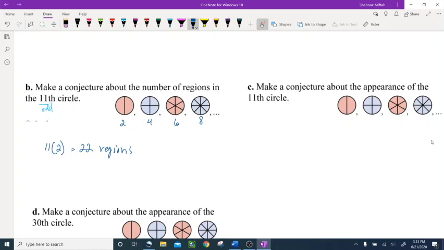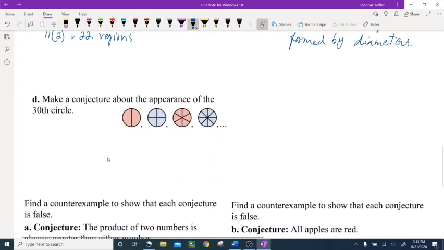So we already know the 11th circle has 22 regions formed by the diameters. Okay, so we already figured it out. The 11th, 22 regions.